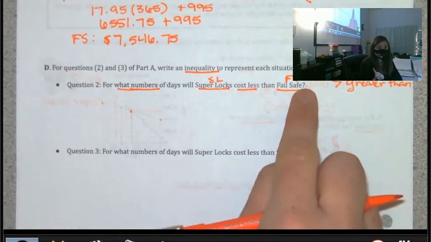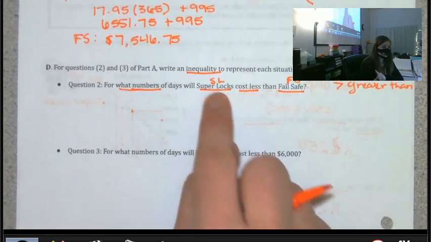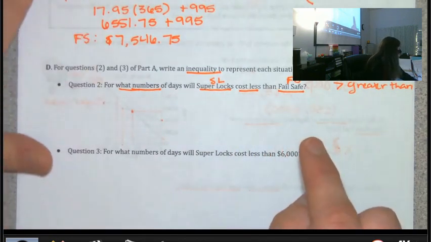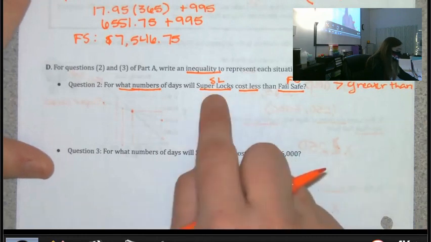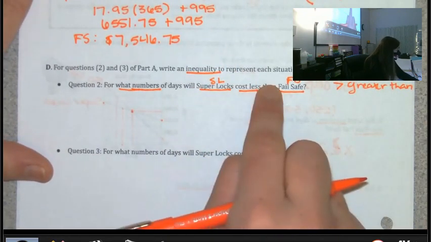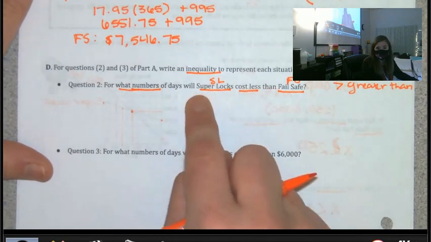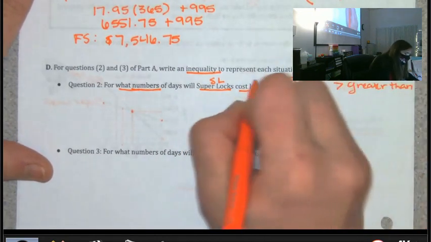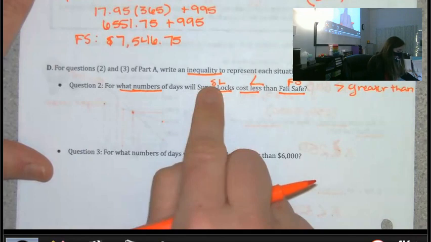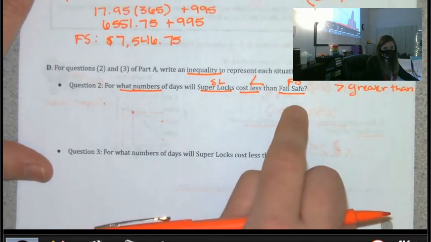So one of them has to cost more while the other one's going to cost less. So who does he need to eat? Failsafe, right? Because remember, we want superlocks to be small because we want superlocks to cost less than failsafe. So he doesn't want to eat the smaller company. He's going to want to eat the bigger company. So I want my inequality to face this way. Okay, that's telling me less than. That's telling me that superlocks will be less than failsafe.